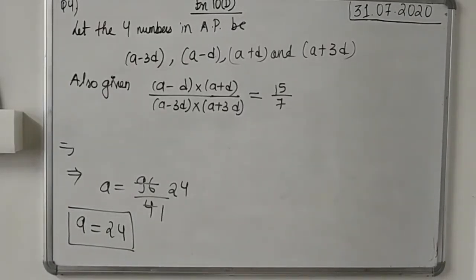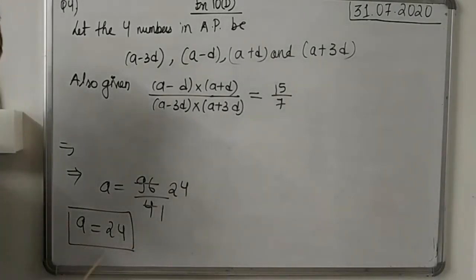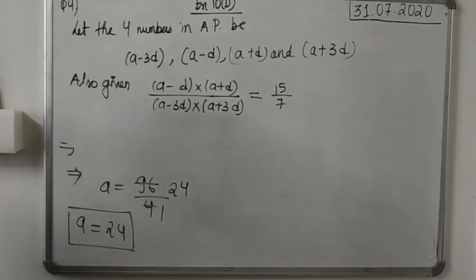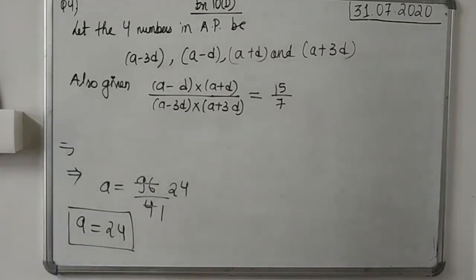Alright, let's start again. I hope you're clear with the value for A. Another thing given to us is that the ratio of the product of the means to the product of the extremes is 15:7.